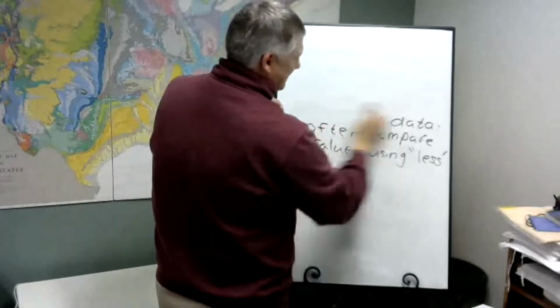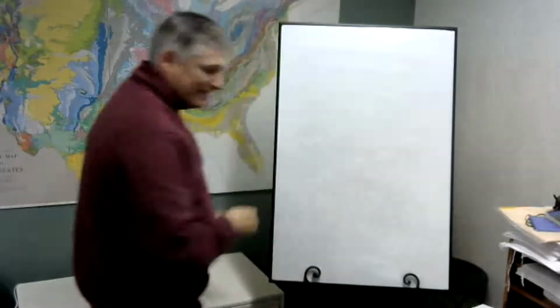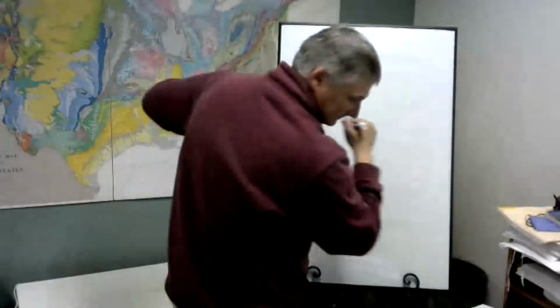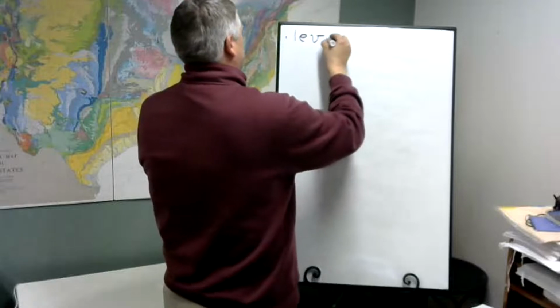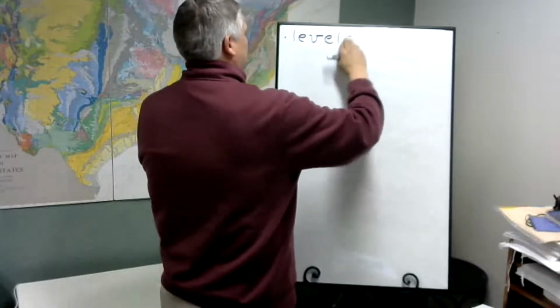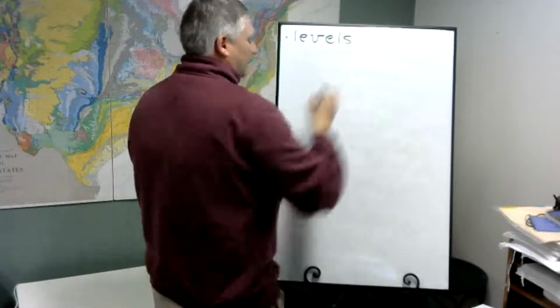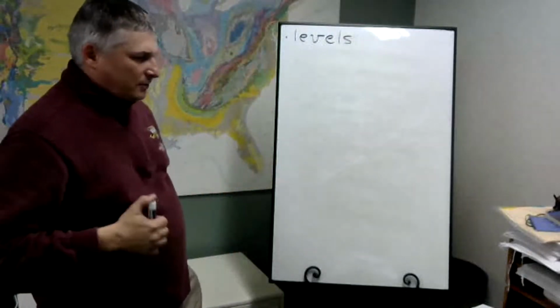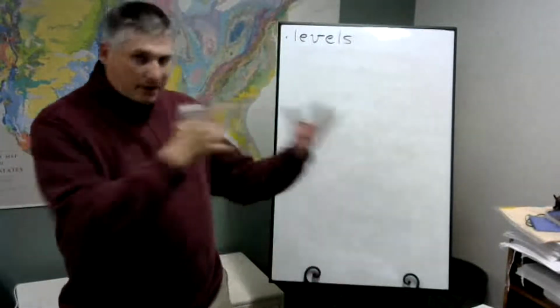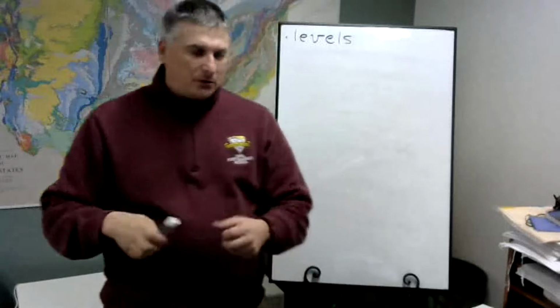Well, now we're going to get into something called data levels. Now, data levels, it's a way of looking at, again, types of data. So we've talked about quantitative versus categorical.